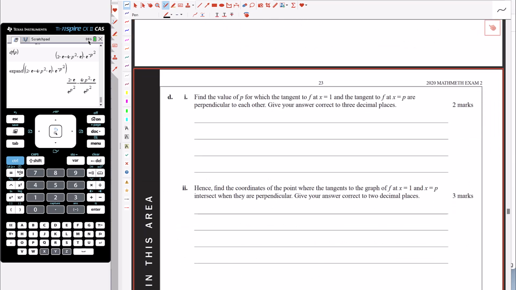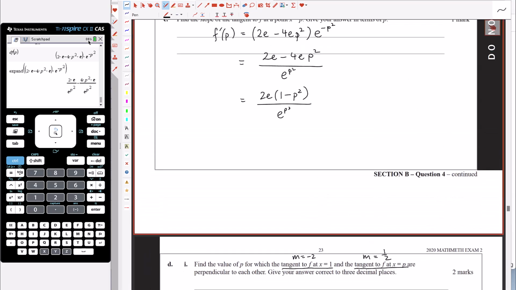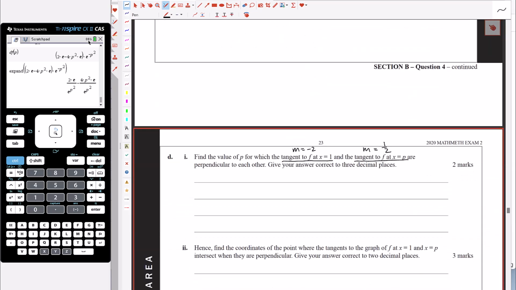Which we know is a gradient of negative 2, and the tangent to f at x equals p are perpendicular to each other. So that has a gradient of negative 2, so therefore, that is going to have a gradient of positive 1/2. Okay, so we came up with an expression for the gradient up above.